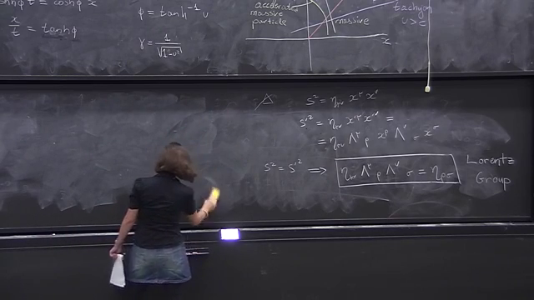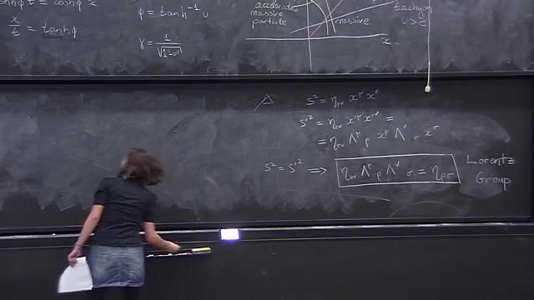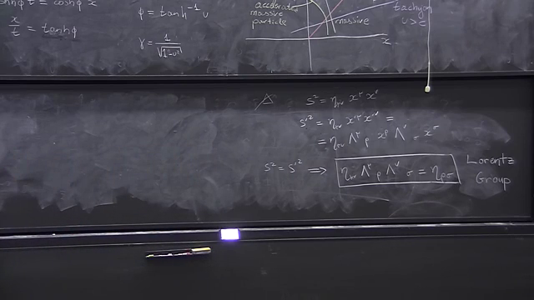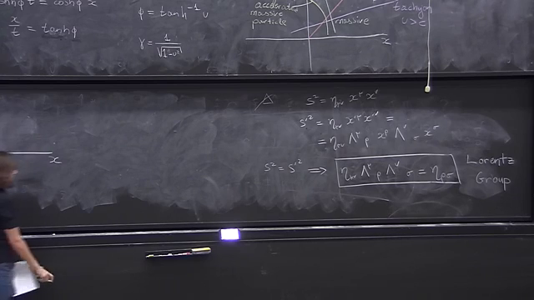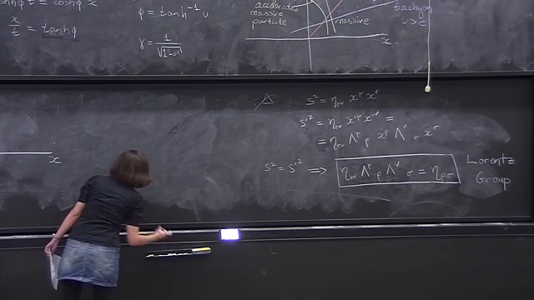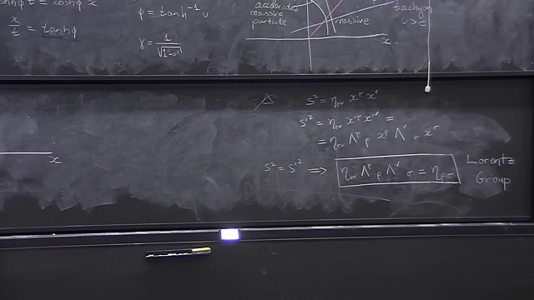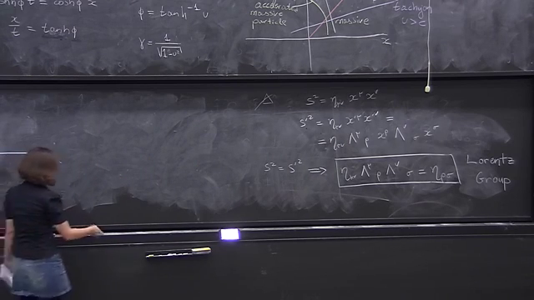And I can try to draw a boosted frame. So if I start from this original frame, x and t, then I can try to draw the axes x prime and t prime that I get after making that coordinate transformation. So how do I find that?